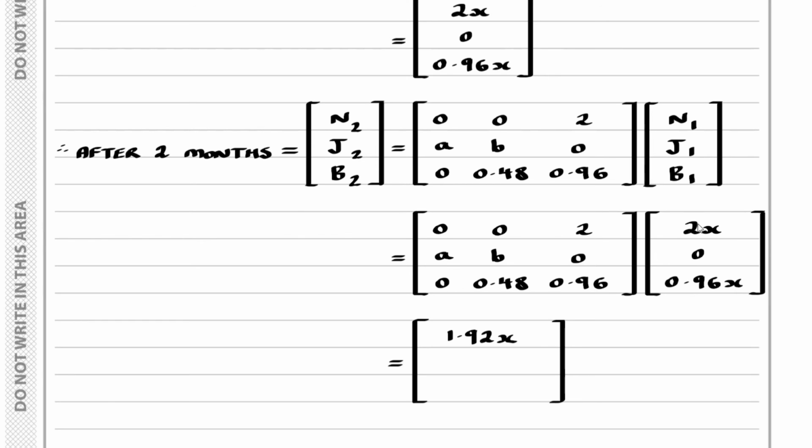Then a times 2x plus b times 0 plus 0 times 0.96x, which is 2ax. And then 0 times 2x, 0.48 times 0, and 0.96 times 0.96x, which is 0.9216x. So this is what we have after 2 months.